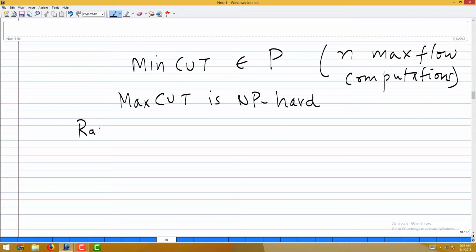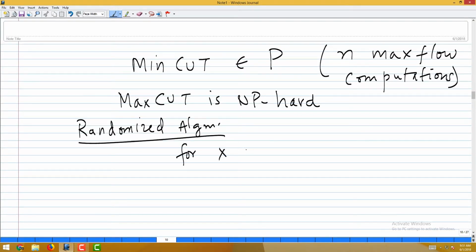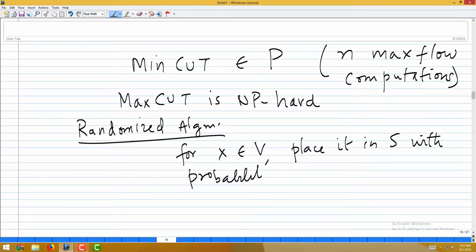So here's a randomized algorithm: for x in V, place it in S with probability half, and in S bar otherwise. So it's a random experiment. I got a random partition.